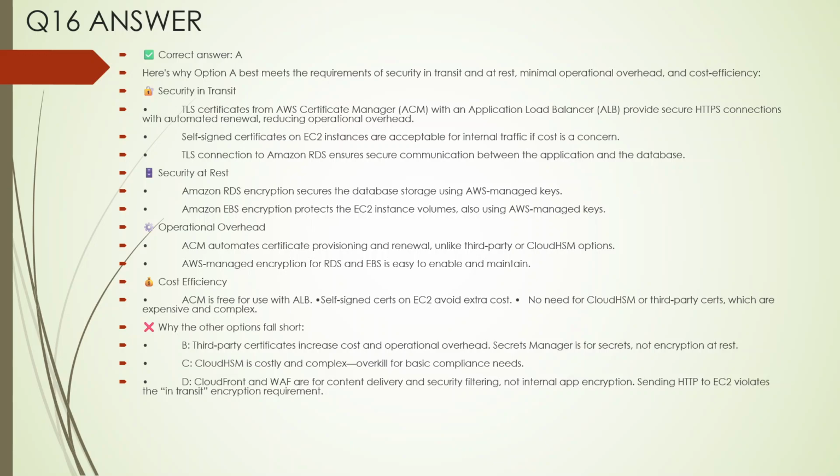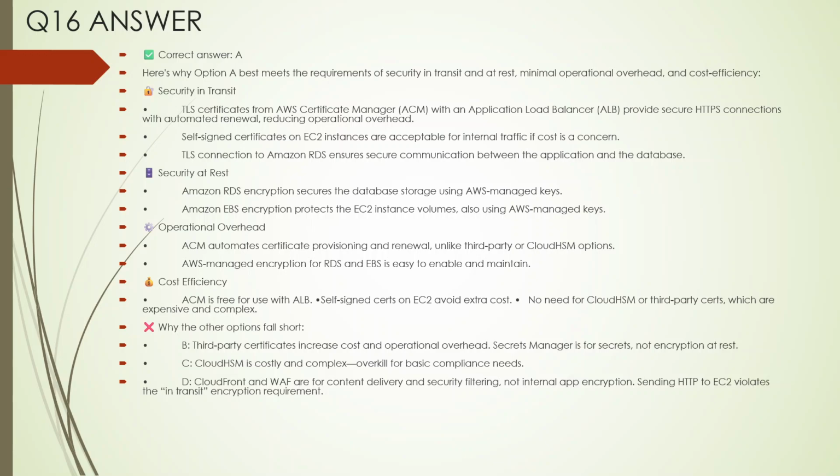For operational overhead, ACM automates certificate provisioning and renewal, unlike third-party or CloudHSM options. AWS managed encryption for RDS and EBS is easy to enable and maintain. It is also cost efficient: ACM is free for use with ALB.